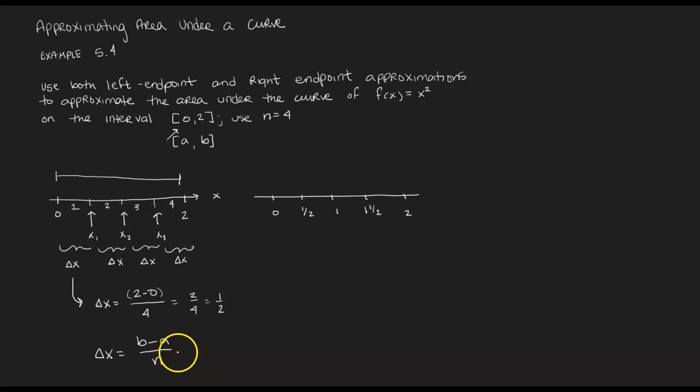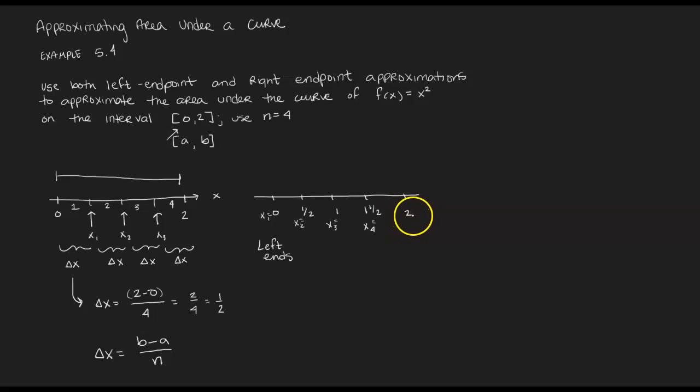From here, we need to define the left or right endpoints. If we're starting with the left endpoints, 0 is our x sub 1, 1/2 is our x sub 2, 1 is our x sub 3, 1 and 1/2 is our x sub 4, and then 2, that's not a left endpoint.